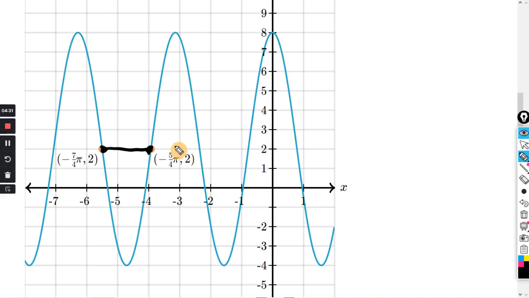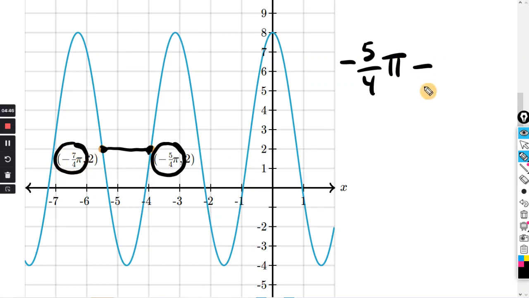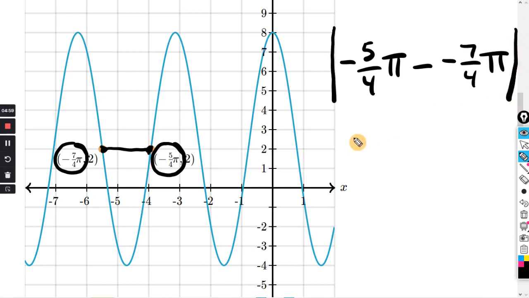Okay, so for the x coordinates, I have -5/4 pi and I am going to subtract the other x coordinate, -7/4 pi. Okay, and if that is not a positive number, you just take the absolute value at the end.